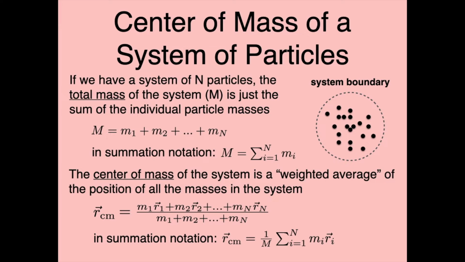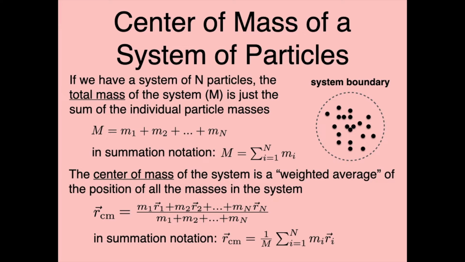The first thing is we can calculate the total mass. Big M is going to represent the total mass of the system. All we have to do is add up all the individual masses of the particles. We take M1, then add M2, and just keep going until we've added all of the masses. The last one would be Mn.